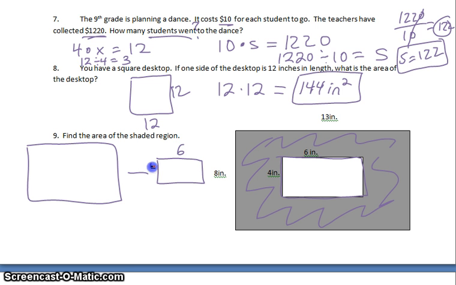So 6 times 4. 6 by 4 is my small rectangle and 8 by 13 is my big rectangle. So I know 6 times 4 is 24. That's the area of the small rectangle. And then 8 times 13 is the area of the big rectangle. That's 104. So if I do 104 minus 24, I'll get the leftover area, which is 80.